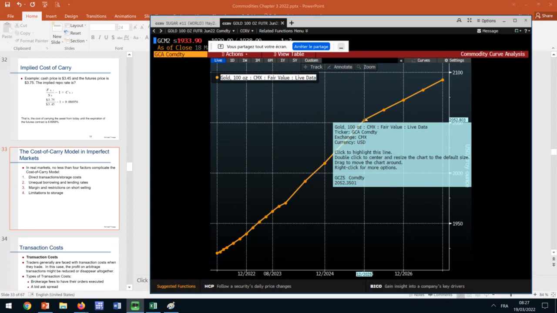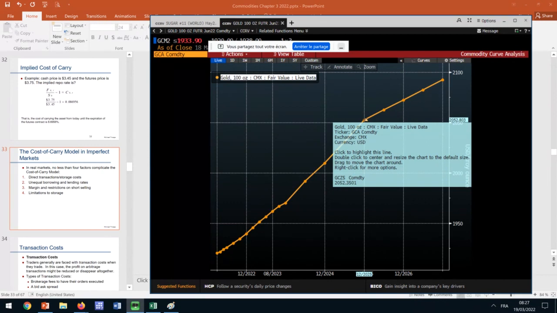You will be able to buy gold at $2,052 per troy ounce, I guess, no, per 100 ounces, whatever. So you will be able to buy the gold at this price, and if you think that the actual price will be higher, you will make a profit.